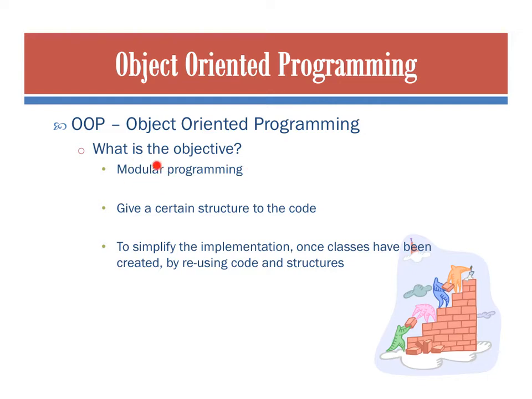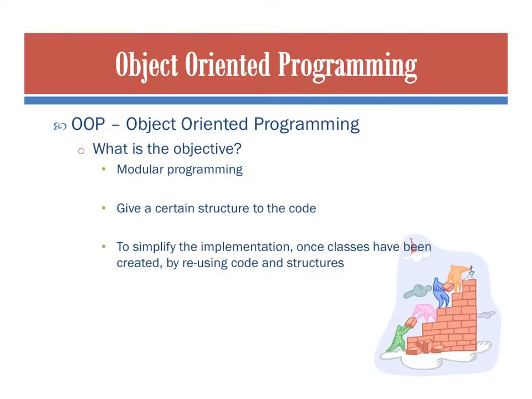Based on this modular programming, we can then give a certain structure to the code which will allow us to simplify the implementation by reusing code and reusing this structure. So if we have this, then we get that, and then we arrive at that. So all of these are like our three-pronged objective.